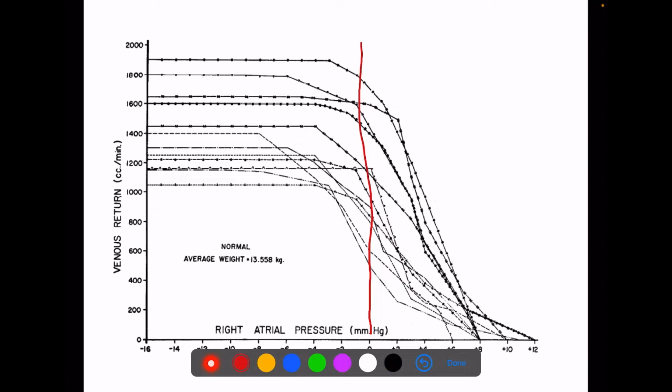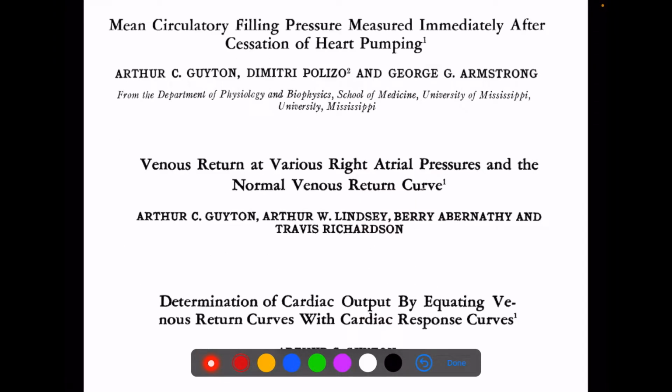Once it crosses 0 and there is an increase in the right atrial pressure, the venous return starts to come down. Various other experiments were done by Guyton to find out the mean circulatory filling pressure, the normal venous return curves, and the determination of cardiac output through venous return.